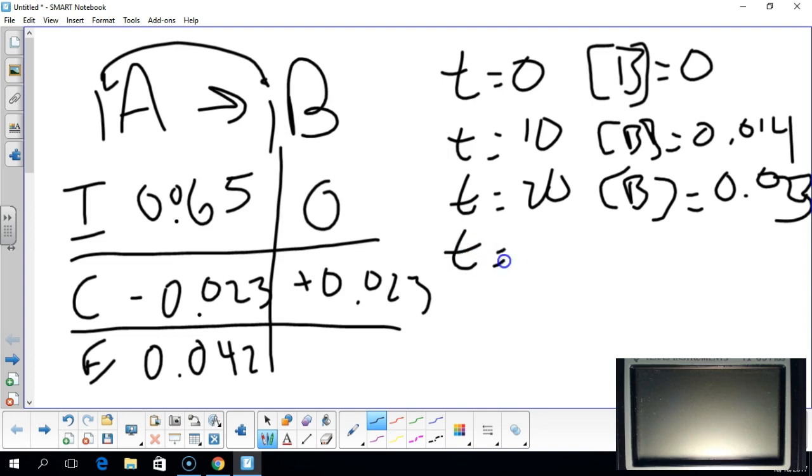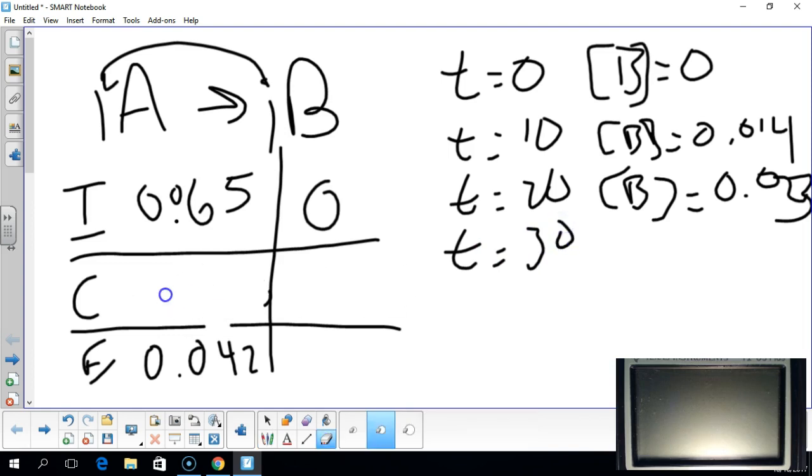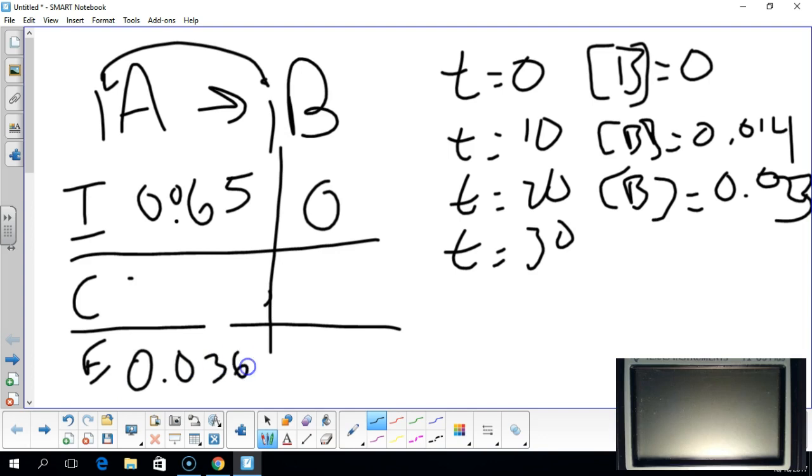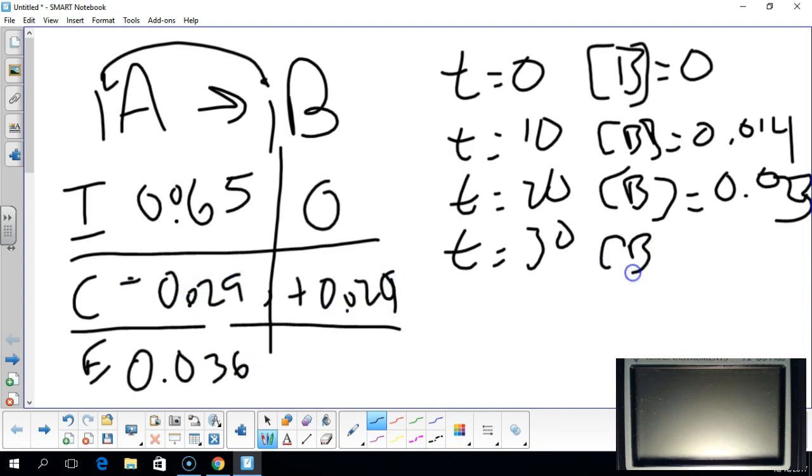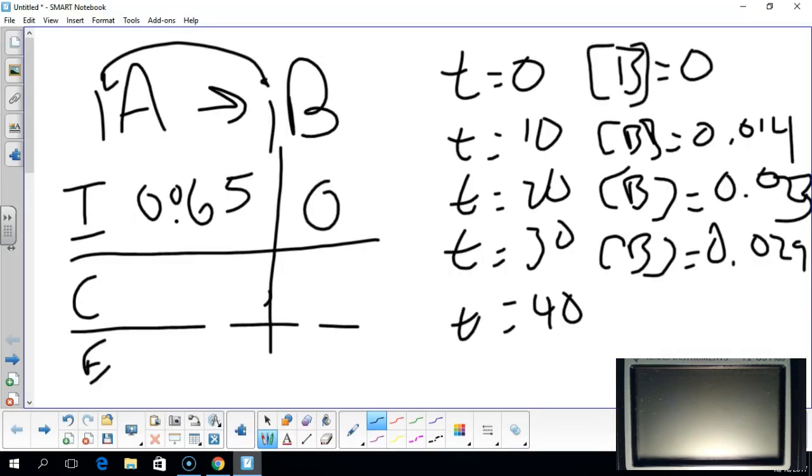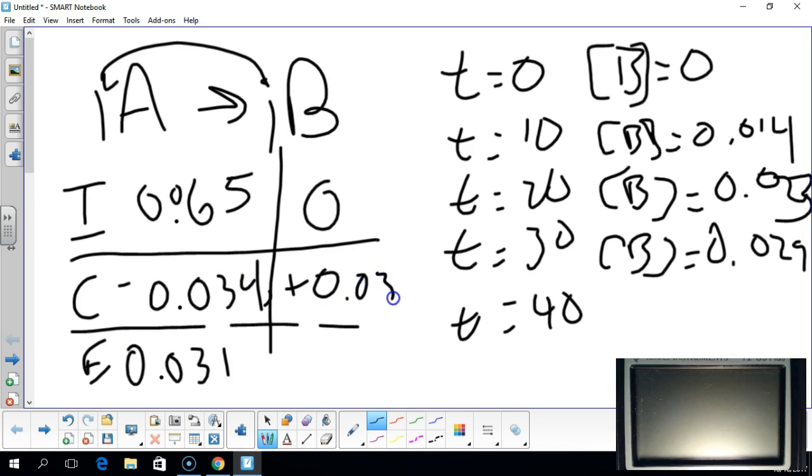Now for t equals 30, we do the same sort of thing. That means the amount of B at 30 minutes is 0.029, running out of space there. And last, t equals 40 minutes, we do the same thing again, and so this is plus 0.034.